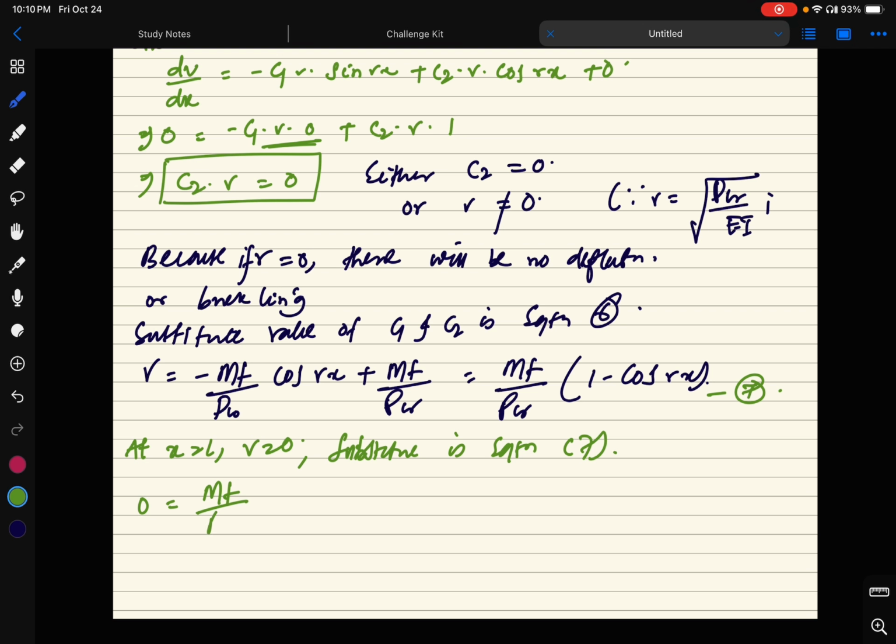We have mf by PCR times 1 minus cos RL is equal to 0. This gives us 1 is equal to cos RL. This can be written as RL is equal to n times 2 pi, since cos 2 pi is equal to 1.